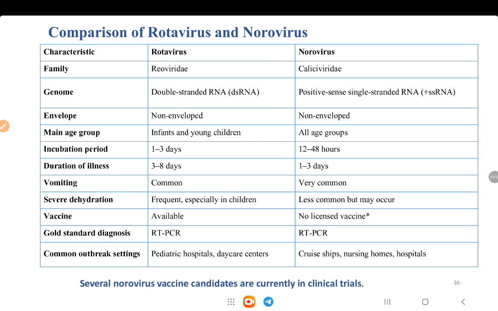Norovirus is the leading cause of epidemic gastroenteritis across all age groups and is also responsible for traveler's diarrhea. Rotavirus pathogenesis involves the NSP4 enterotoxin, whereas norovirus disease results from epithelial infection without a viral enterotoxin. Norovirus is highly contagious and primarily transmitted by the fecal-oral route.